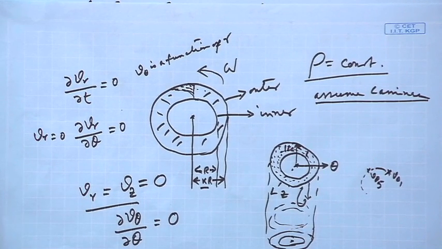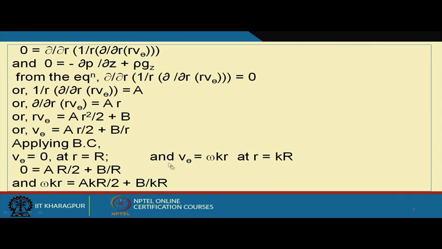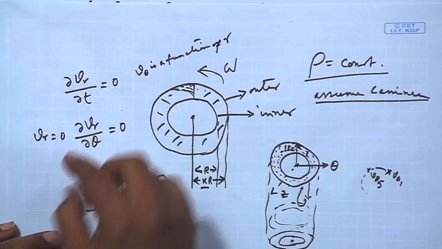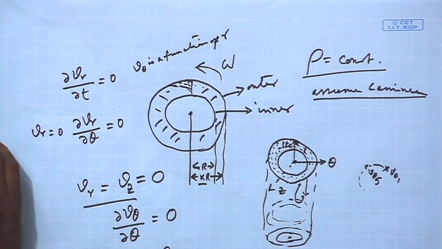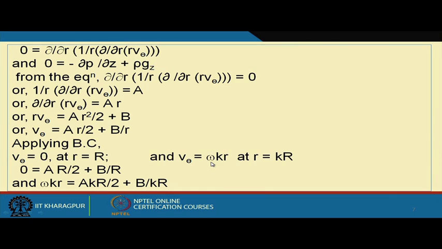The second condition is that the outer cylinder is rotating with an angular velocity of omega. So, we can say v theta is equal to omega kR at r is equal to kR. Using these two boundary conditions, we can write 0 is equal to aR by 2 plus b by R, and omega kR is equal to akR by 2 plus b by kR.